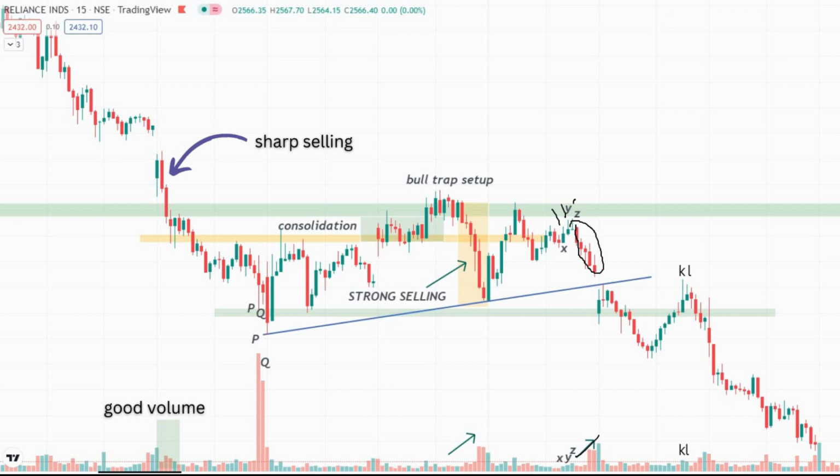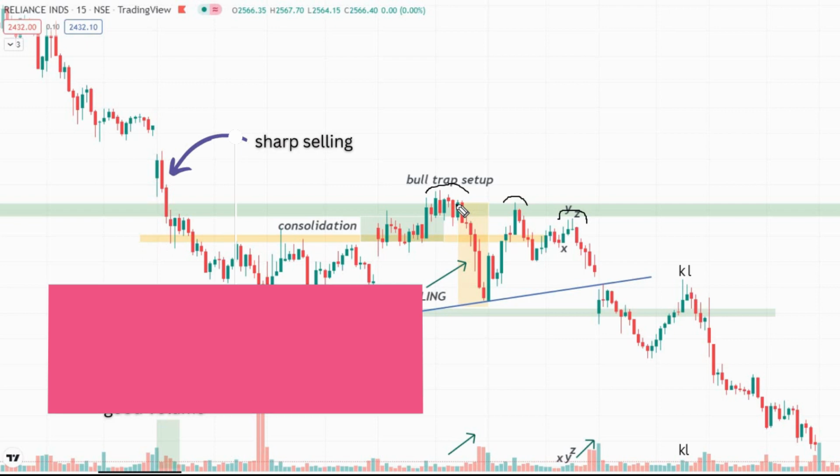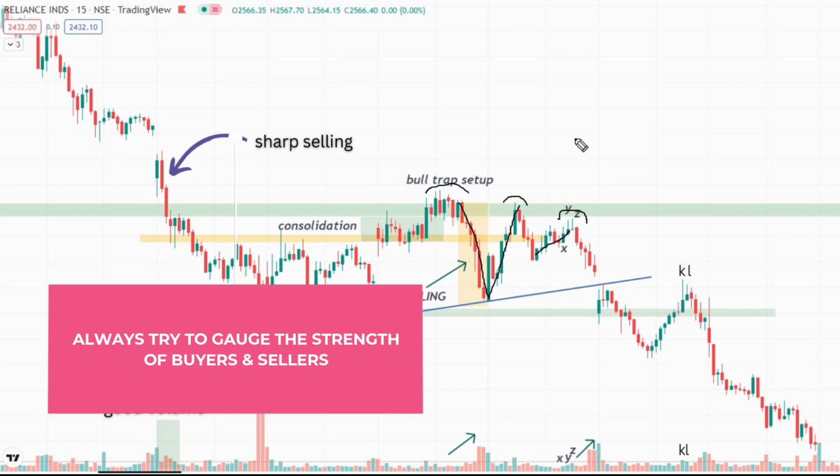So all these points are indicating that sellers are very strong at this price area, and now prices are continuously making what? Lower highs. So this is also an indication that after this strong selling pressure, bulls are getting weaker and weaker in each buying leg, okay.